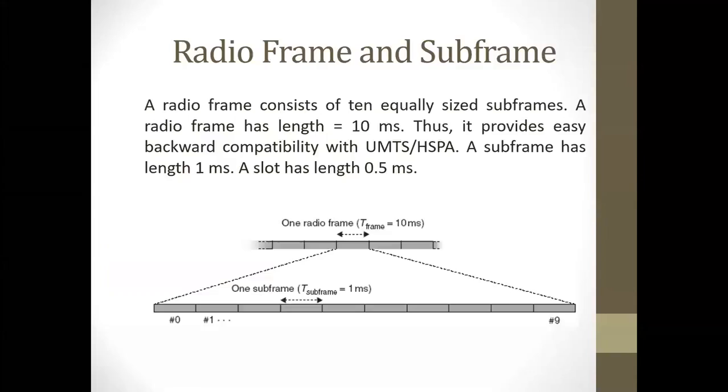There are some segmentations in both time and frequency domain. In time domain, you keep sending symbols one after another. We have symbols instead of bits because we already know from the last semester that we use different types of modulation, like QPSK and 16 QAM. For data, BPSK is not there, so there will be at least 2 bits in a symbol in LTE.